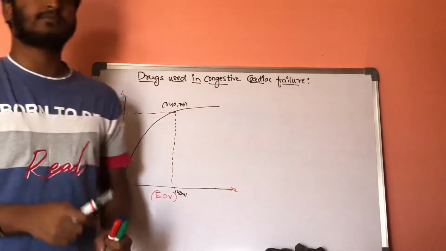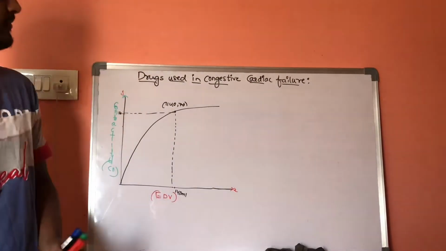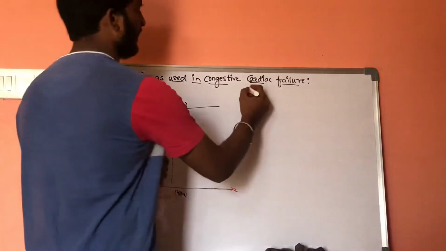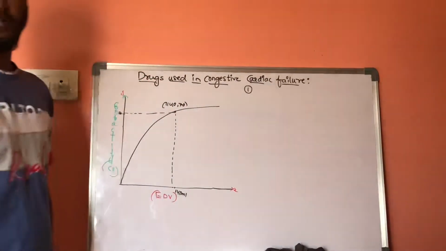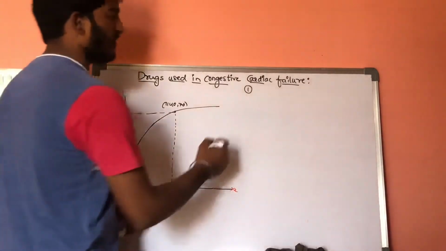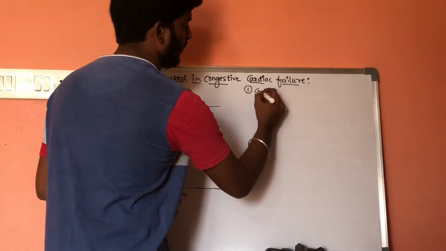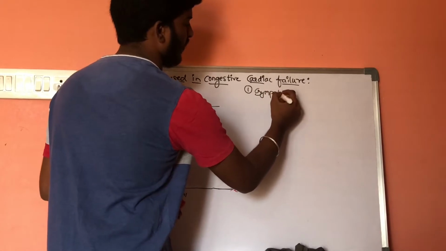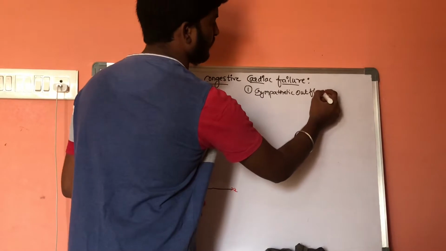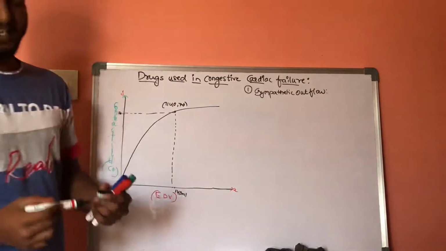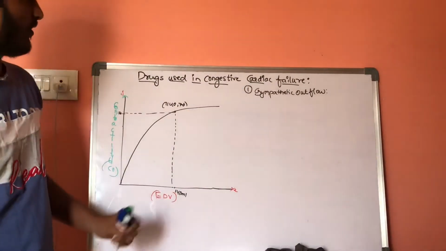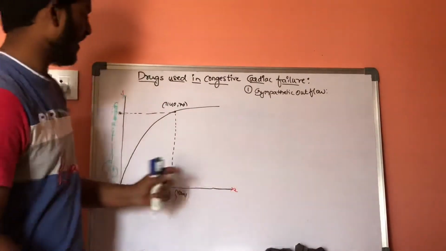But because of some external factor or some abnormalities in the heart, let us consider the first abnormality, that is over-exaggeration of sympathetic outflow. Now, how can sympathetic outflow affect the heart?